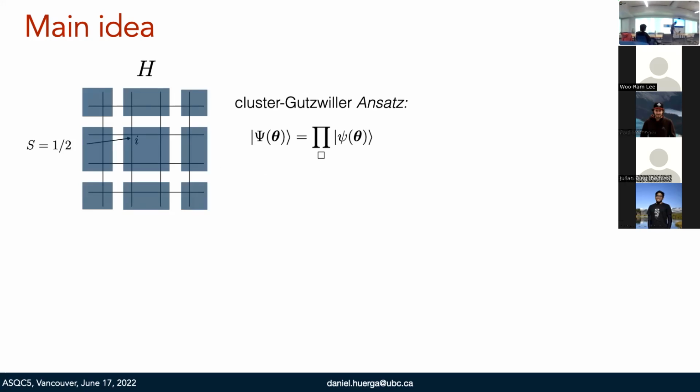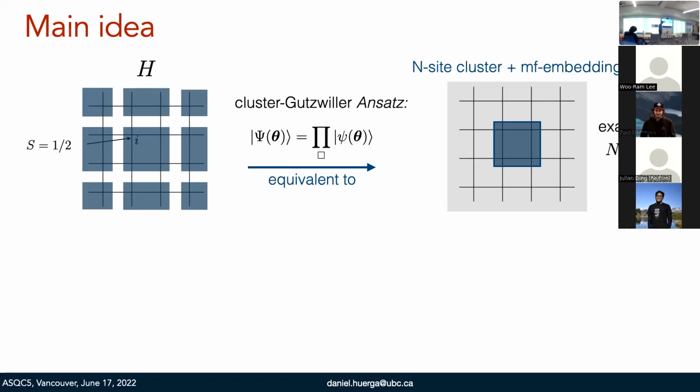And when we variationally optimize the parameters theta by taking the expectation value of the Hamiltonian, this is equivalent to solving the same Hamiltonian in a finite cluster with open boundary conditions, and now with a mean field embedding that is pushing in all the information about the thermodynamic limit.